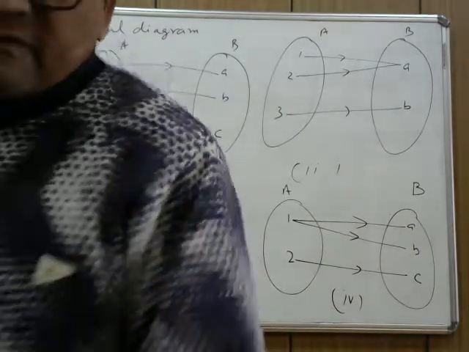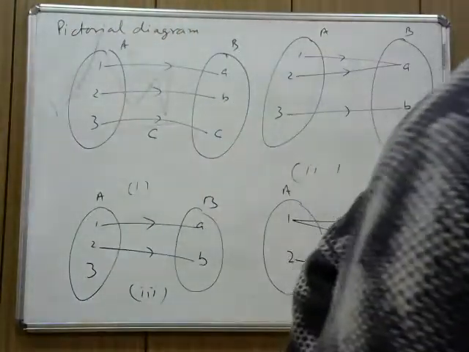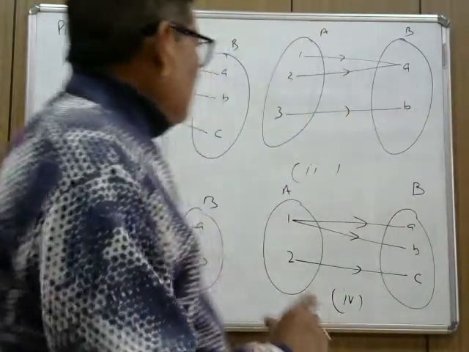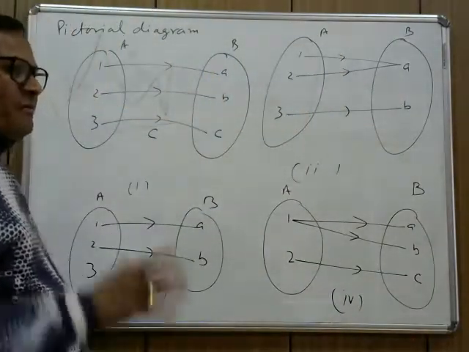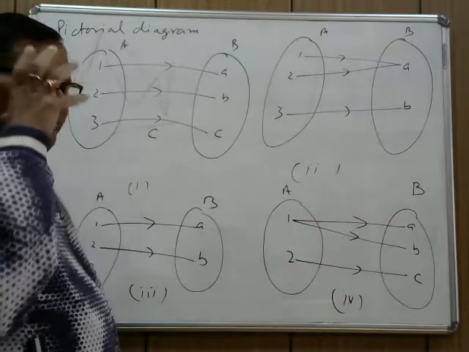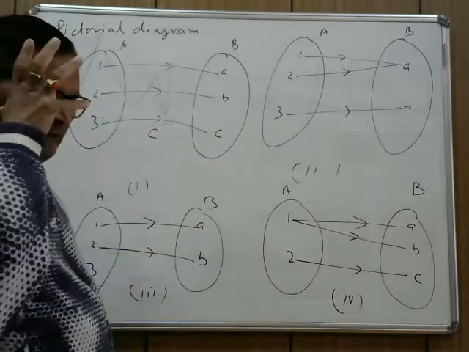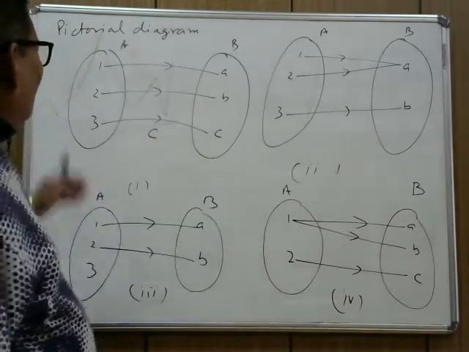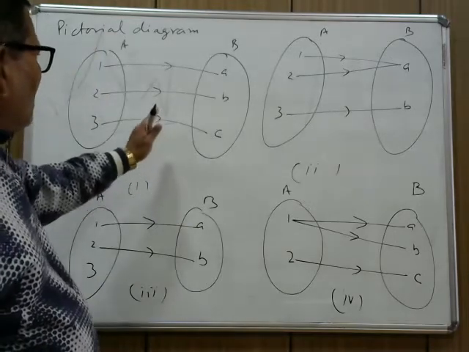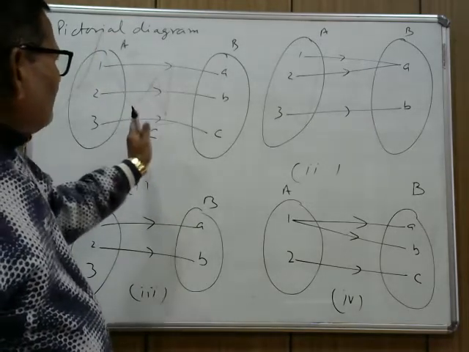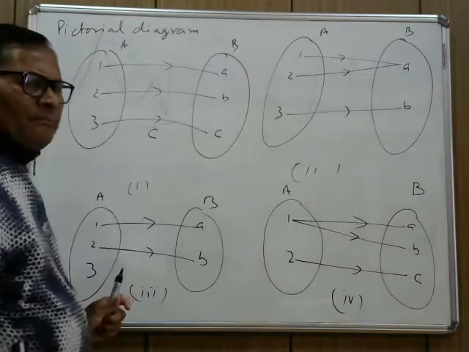This is the pictorial diagram of relations. Note that this is the pictorial diagram. Now I reach the second component of the function. First, the function is represented by a pictorial diagram, and that I have shown here. This is your first example.